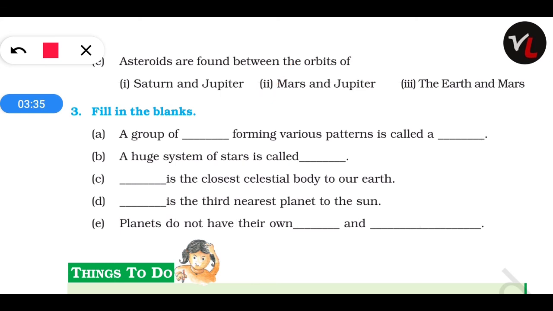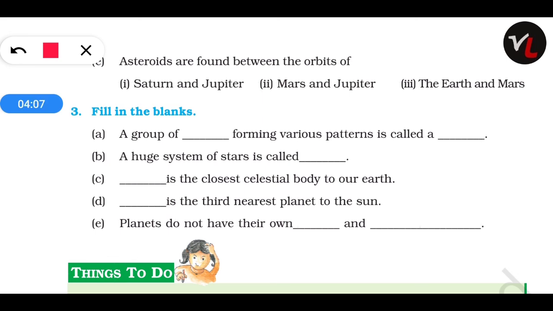The third one, dash is the closest celestial body to our earth. That is moon. Moon is the closest celestial body to our earth. Dash is the third nearest planet to the sun. That is earth. Earth is the third nearest planet to the sun.